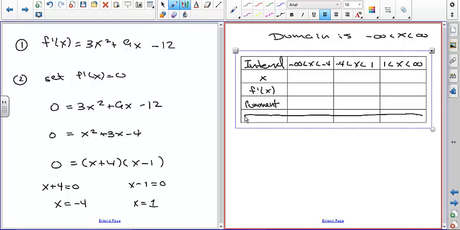If it changed from increasing to decreasing at some point, I would have found a critical number. So I use the critical numbers to break it up such that each interval is demonstrated to be either increasing or decreasing.